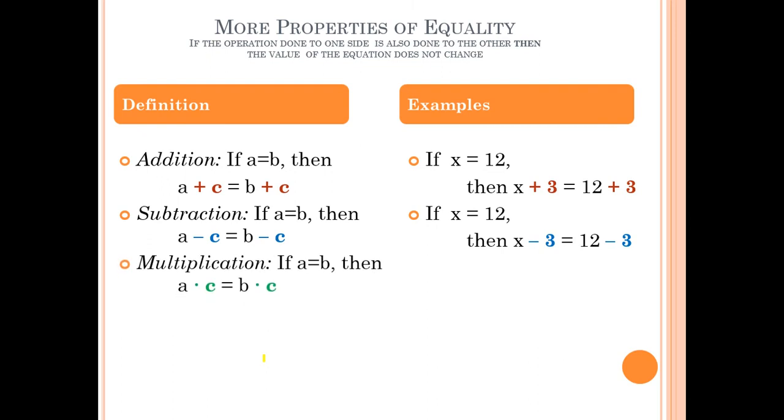Then we have multiplication property. If a equals b, then a times c equals b times c. So if x equals 12 and we multiply x by 3, we have to multiply 12 times 3.